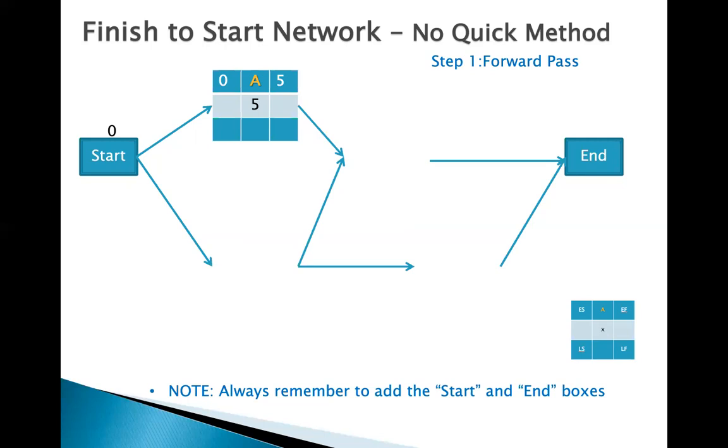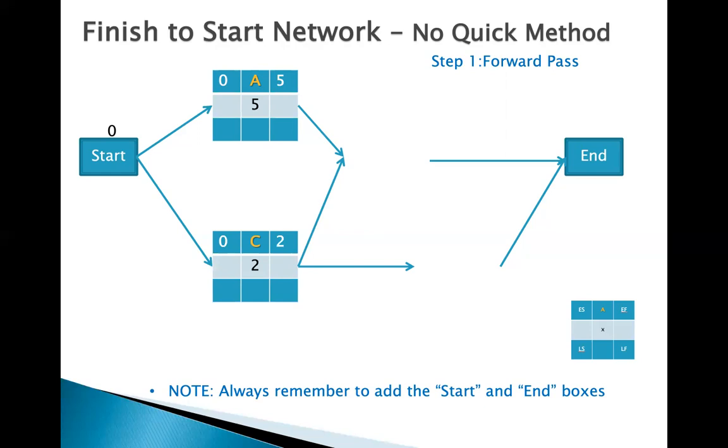The early finish of activity A is the early start, 0, plus the duration, 5, so it's 5. For activity C it's the same: early start is 0, plus duration 2, so the early finish is 2.